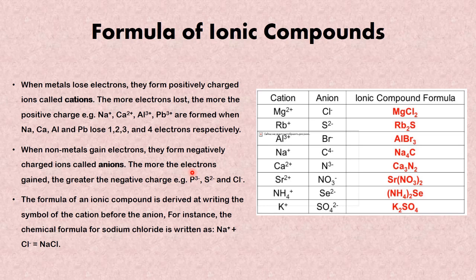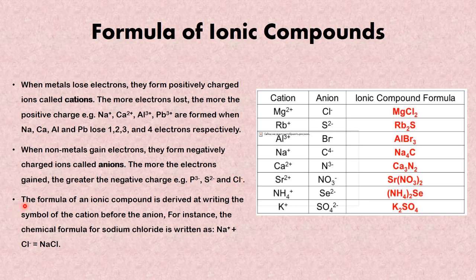The more the electrons gained, the greater the negative charge. So you have phosphorus ion here, sulfur ion, and chloride ion, which means that phosphorus ion has gained 3 electrons, sulfur ion has gained 2 electrons, chloride ion has gained 1 electron.